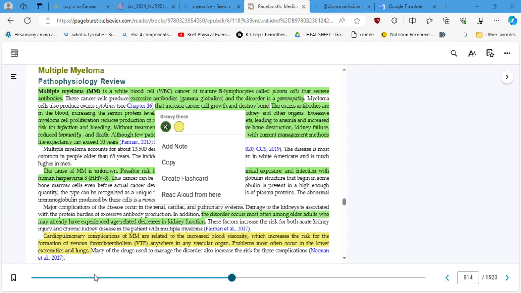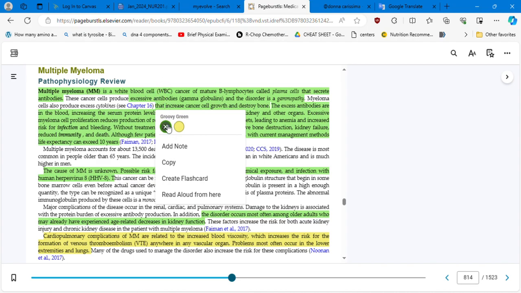Main symptoms are fatigue, easy bruising, and bone pain. Treatment involves watchful waiting, proteasome inhibitors, immunomodulating drugs, and hematopoietic stem cell therapy. That's what they are mentioning about multiple myeloma.